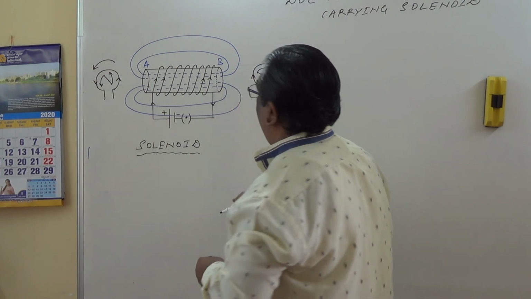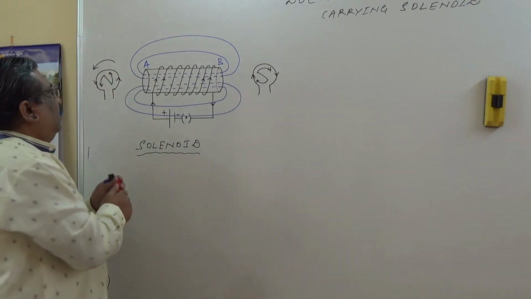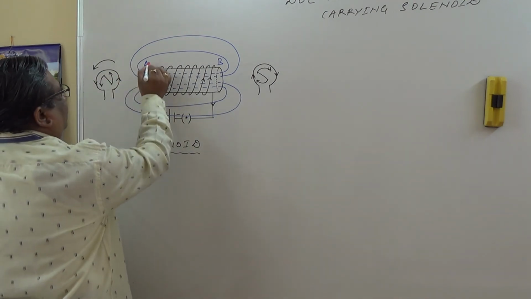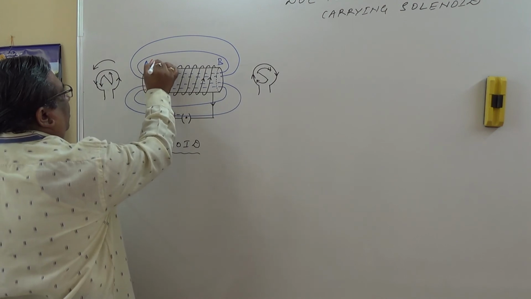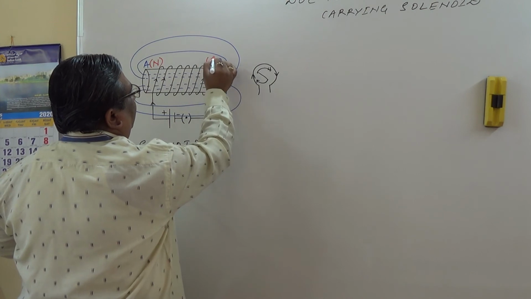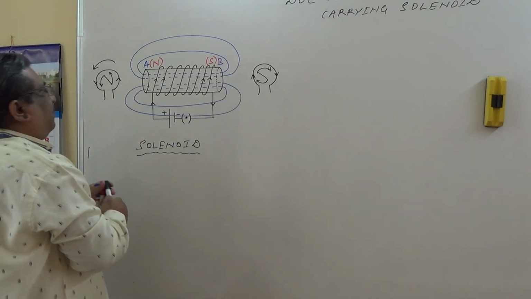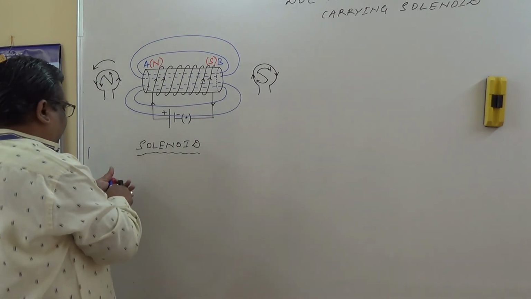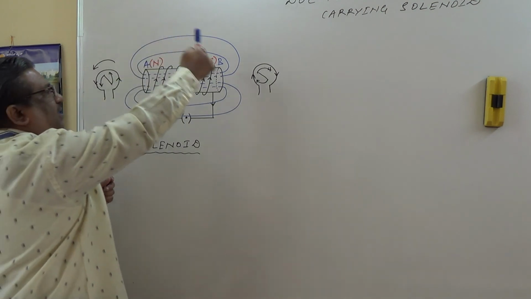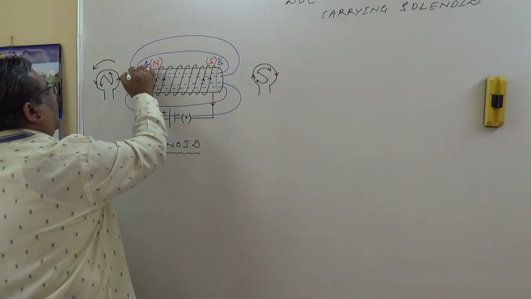Let me mark this with red. Face A acts like a north pole and face B acts like a south pole. What about the field lines now? Direction of the field lines. From north they emerge, into south they merge, and therefore this is the direction.